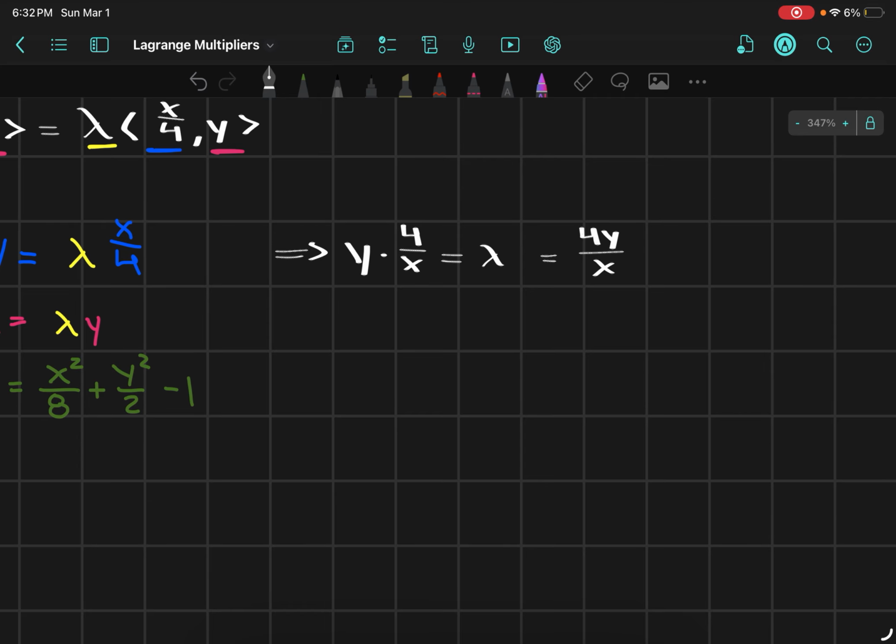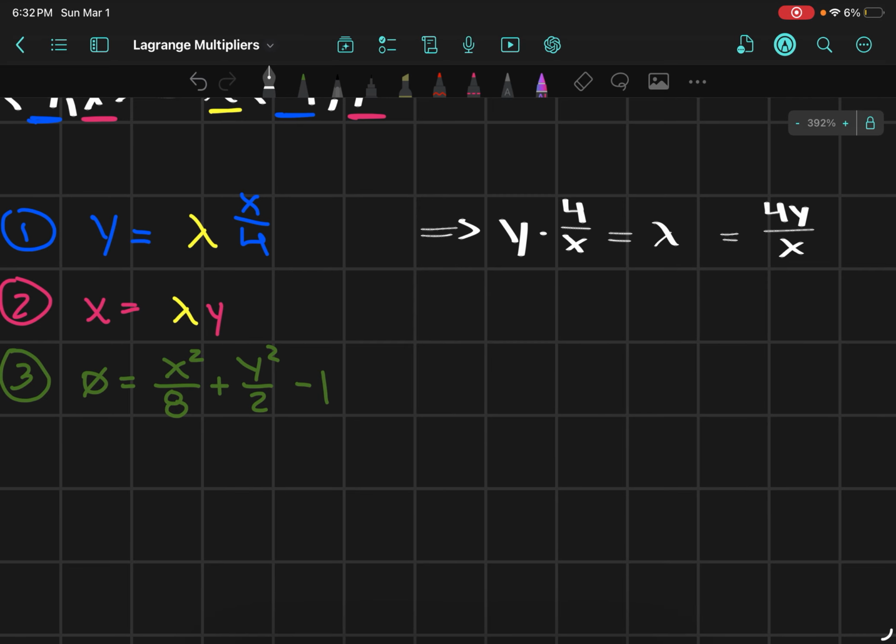There's something we need to be careful about whenever we do this. What happens when we divide by x? We're allowing for the possibility that we divide by 0, and that's going to make our system of equations invalid. Therefore, we need to make sure that this x value cannot equal 0.